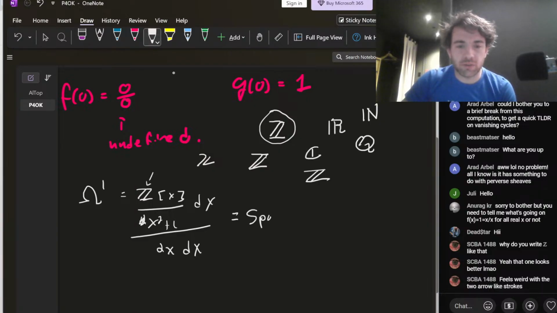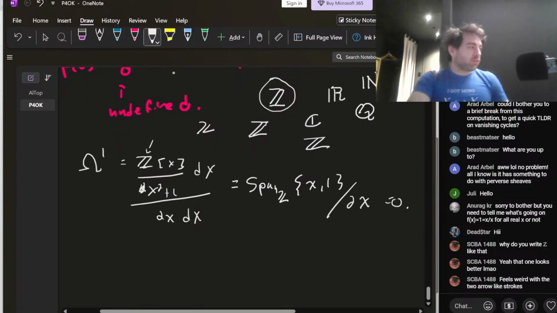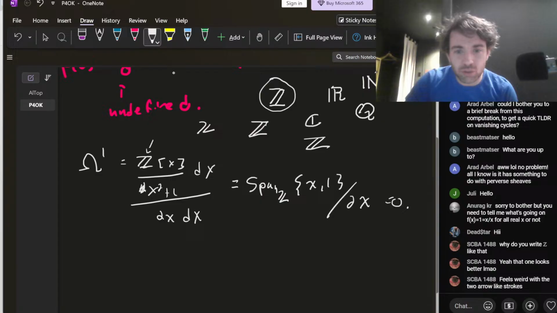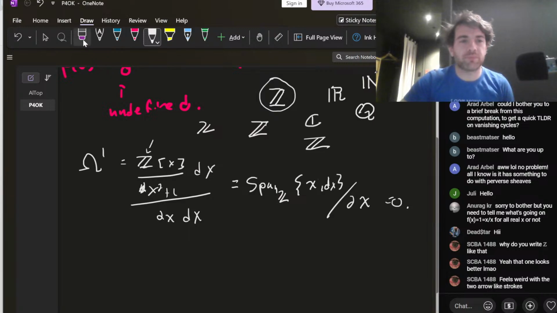So what are we going to have? We're going to have the Z-span of x and 1, but now also 2x will be 0. And that makes a lot of sense because we should have something going on with the ideal 2, I suppose, in this case. Oh, what am I saying? It should be the Z-span of both of these things times dx, right?